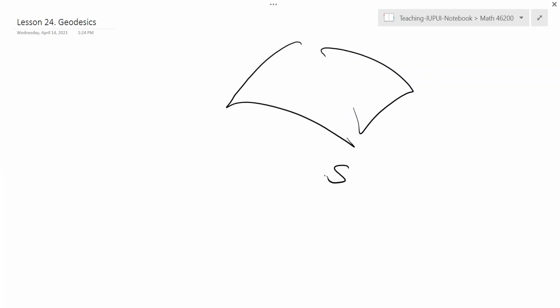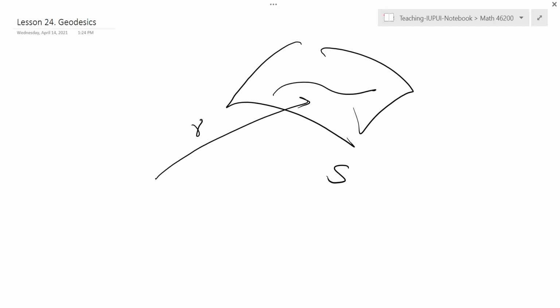So let's have a quick review about what we learned about curves on surfaces. So we have a surface, this is S, and that's a curve here.